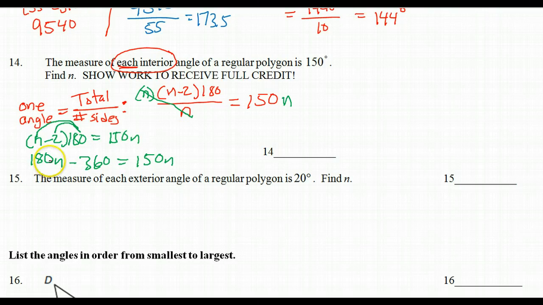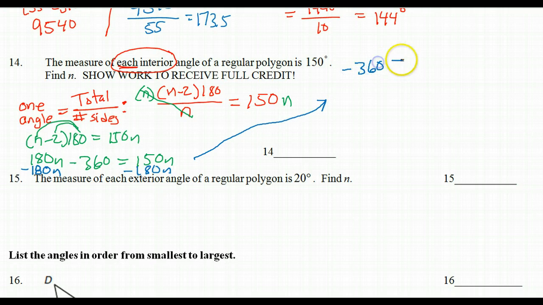Next, I need to get these n terms together. So I'm going to subtract 180n from both sides. Well, look, that's negative 30n. So that's going to leave me with negative 360 equals negative 30n.